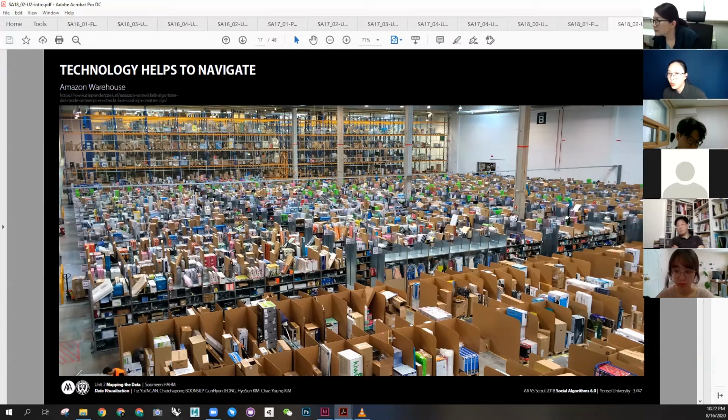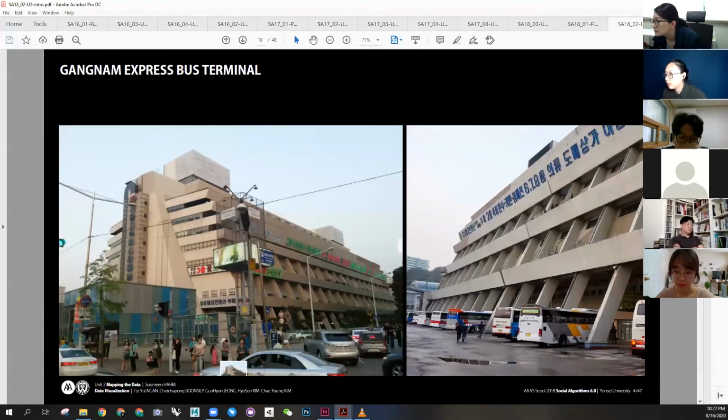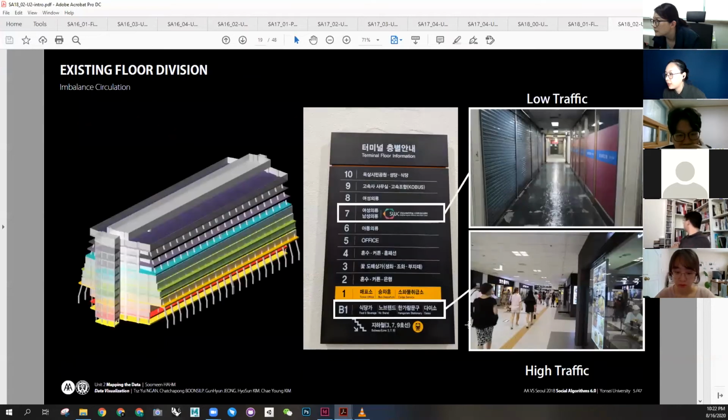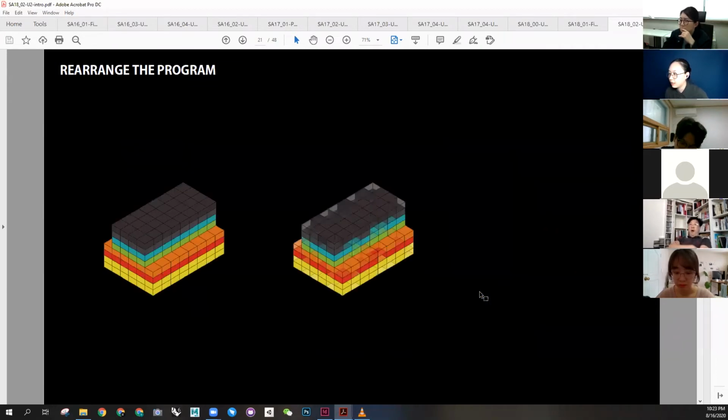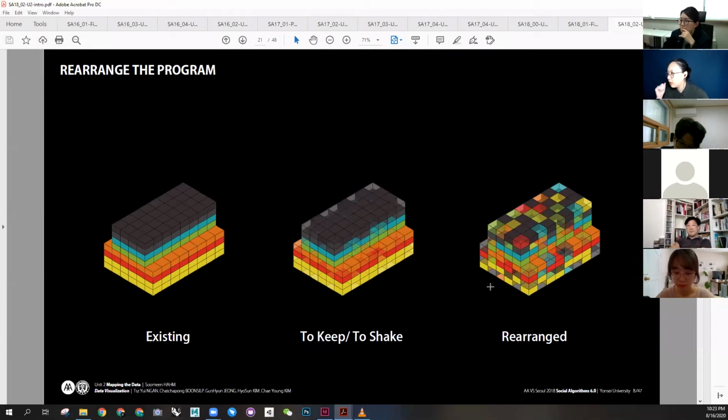Everything is kind of mixed up because you can find them as long as they are indexed. So they tried to introduce that idea into this building, because this building has a very distinct separation of the program per floor. They proposed mixing them in order to activate this building as a whole.